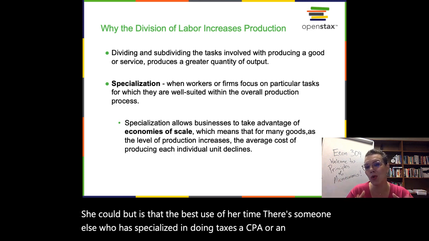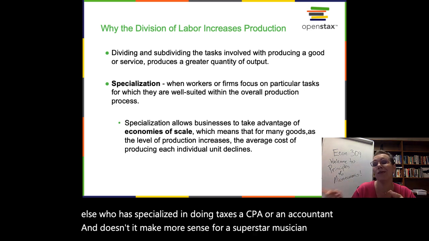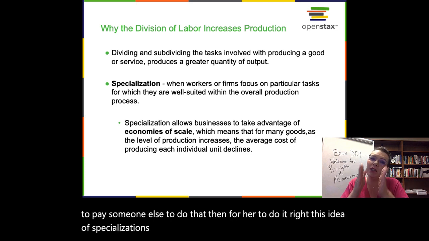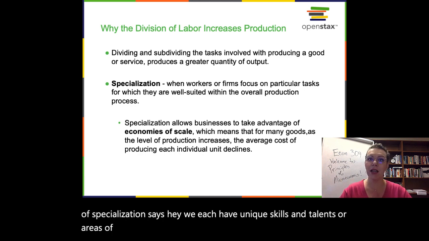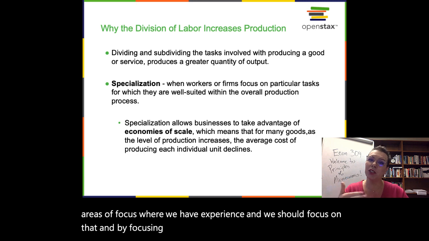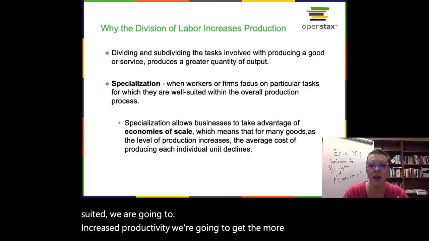And doesn't it make more sense for a superstar musician like Lizzo to pay someone else to do that than for her to do it, right? This idea of specialization says, hey, we each have unique skills and talents or areas of focus where we have experience, and we should focus on that. And by focusing on the tasks to which we're best suited, we're going to increase productivity. We're going to get more of everything.